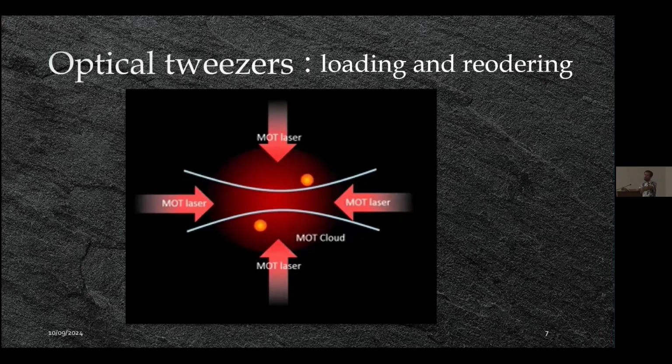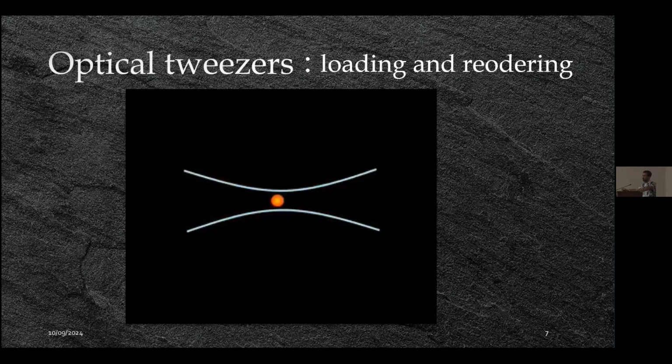Thanks to light-assisted collisions, I'm going to lose them pairwise. That means that if the number of atoms trapped is even, I'm going to end up with 0 atoms in the tweezer because they will escape 2 by 2. In the other case, if I have an odd number of atoms, I'm going to end up with 1.